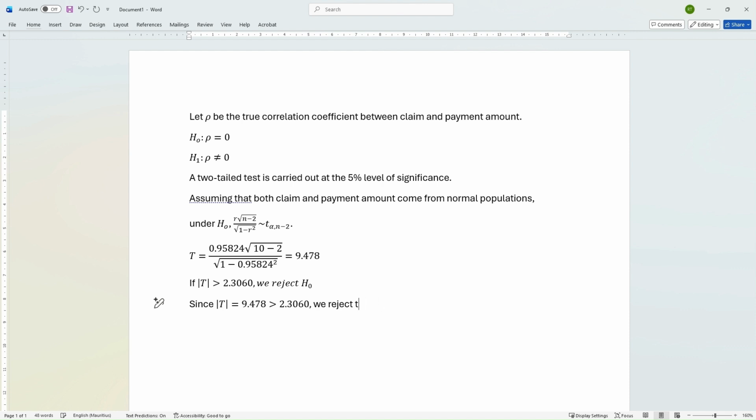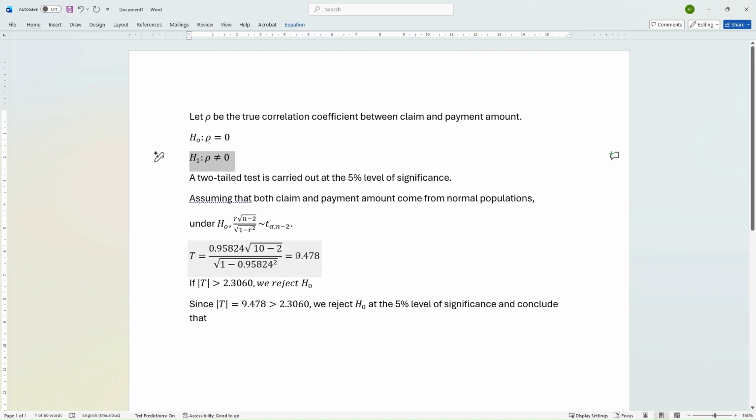We reject H naught at the 5% level of significance and conclude that. Now, what is the conclusion? Given that it is greater than 2.306, we have rejected the null. If we reject the null, what does it mean? It means that this is not holding true. In other words, rho in the population is not equal to zero.